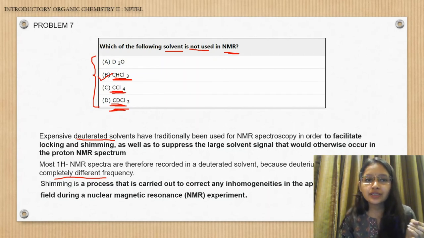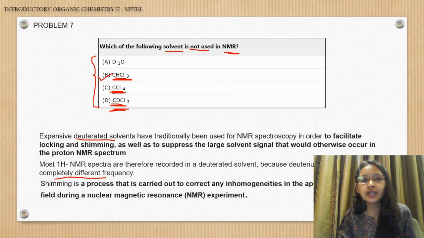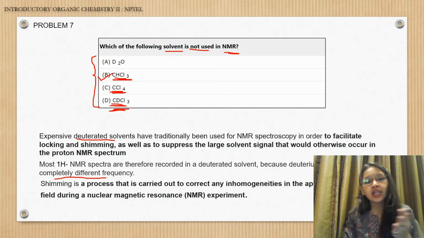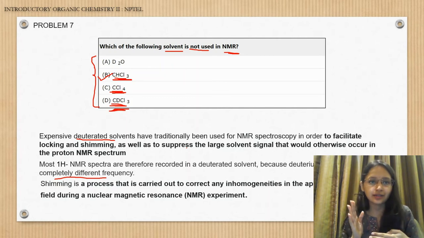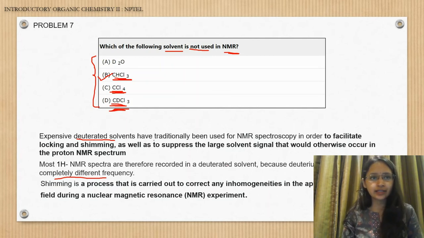But this proton will show up in the 1H NMR and will make the solvent peak much more intense than the compound peak. So your peaks for the compound of interest will be diminished relative to the solvent peak, which you don't want. That is why we use the deuterated solvent, to diminish the large solvent signal and to increase the relative intensity of the compound. I hope this problem is clear to all of you.